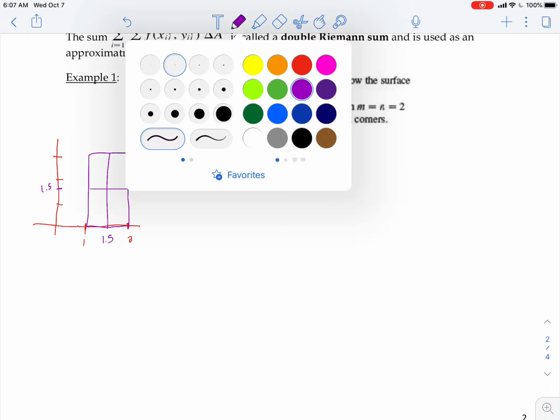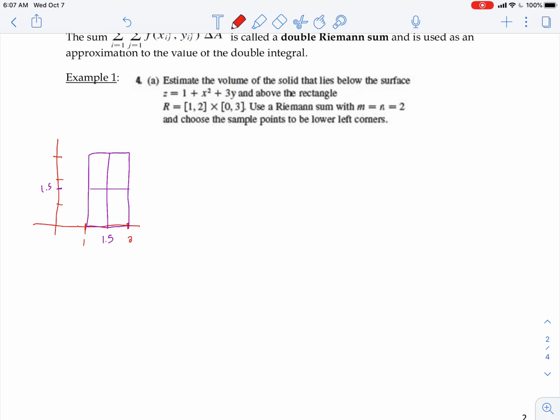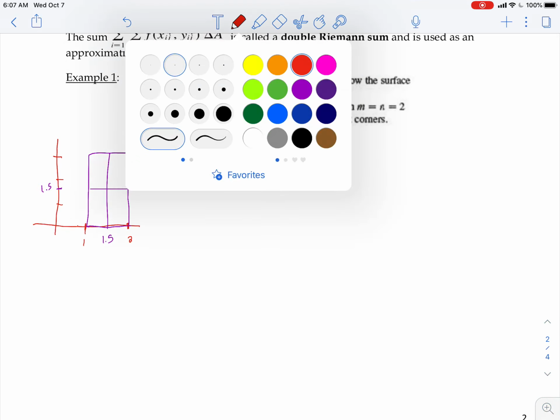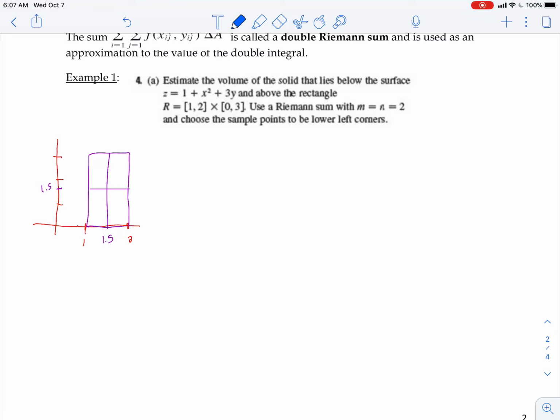Alright, so that means my sample points, I'll put them in blue, are going to be, for each subrectangle, I'm going to take that value. So for this first subrectangle, the value that I'm going to take to find my height is going to be from the lower left corner, and that's going to be from each rectangle.